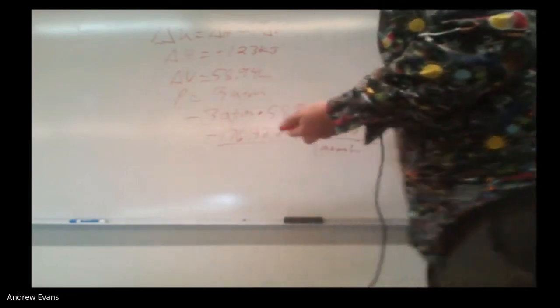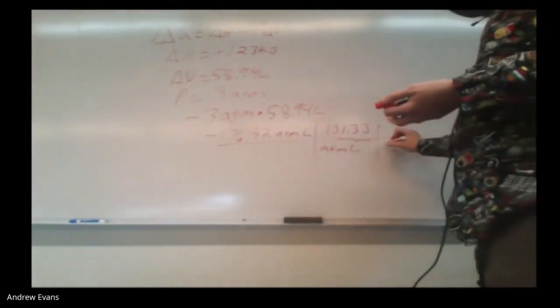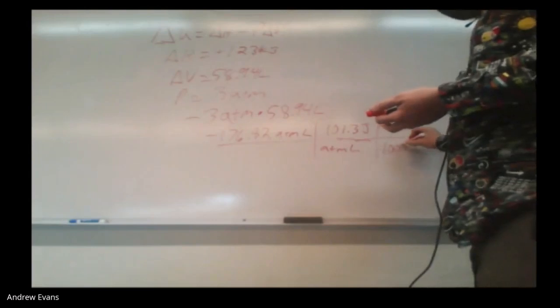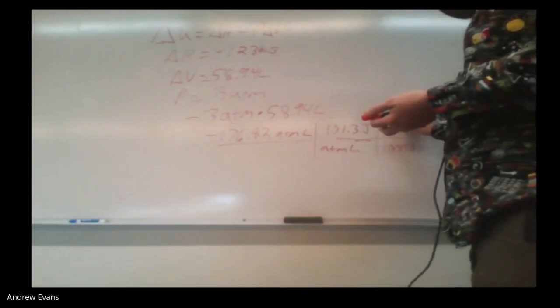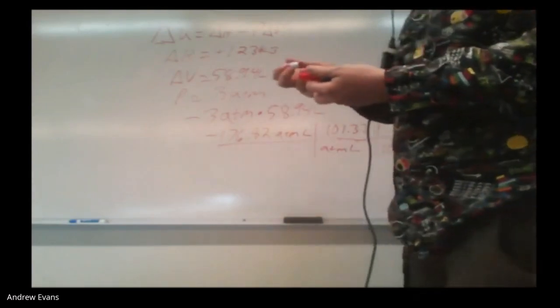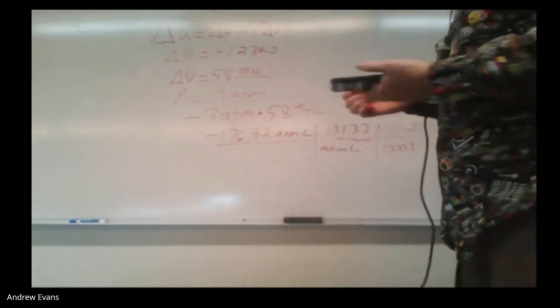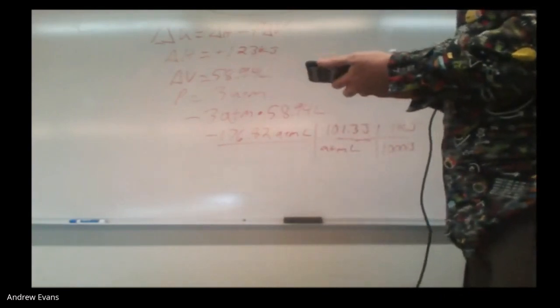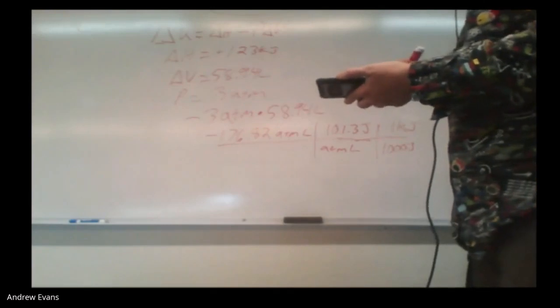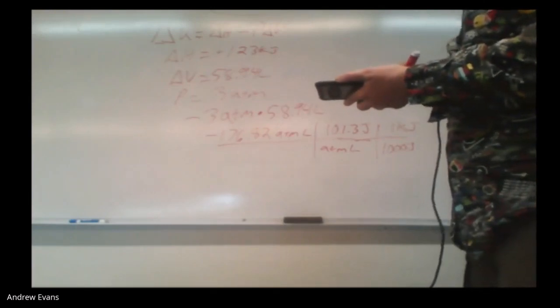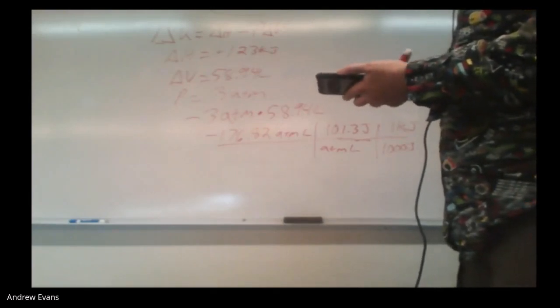But furthermore, there are 1,000 joules in 1 kilojoule. So we're going to take that 176.82 times 101.3 divided by 1,000.